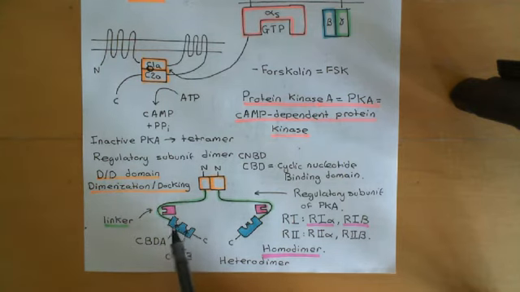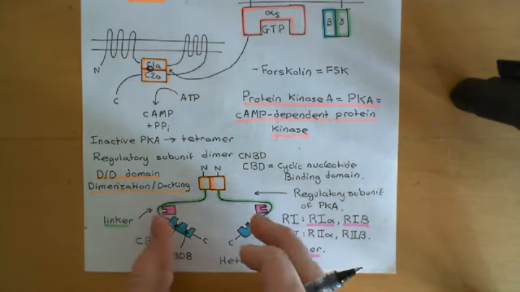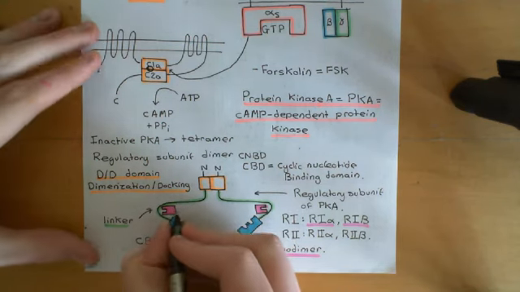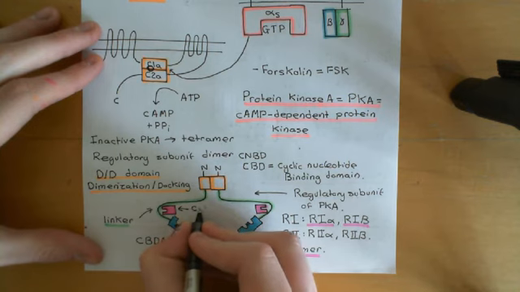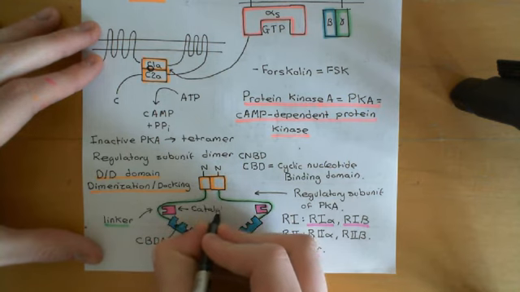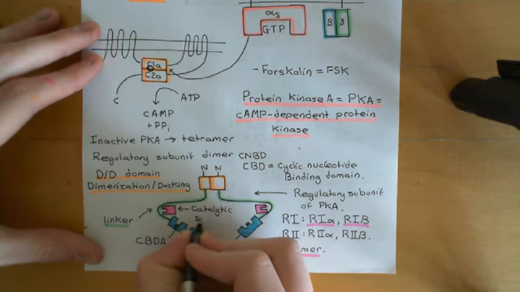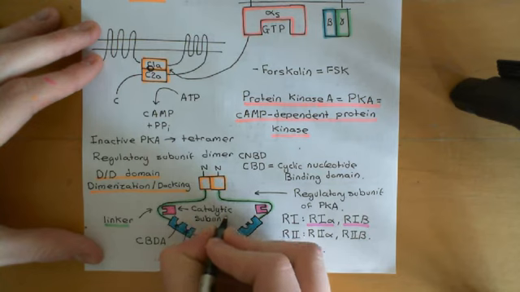There is no cyclic AMP bound in any of these cyclic nucleotide binding domains, and the consequence is that the regulatory subunit dimer can bind onto two catalytic subunits of protein kinase A. Here's one catalytic subunit, and there's another one over there.